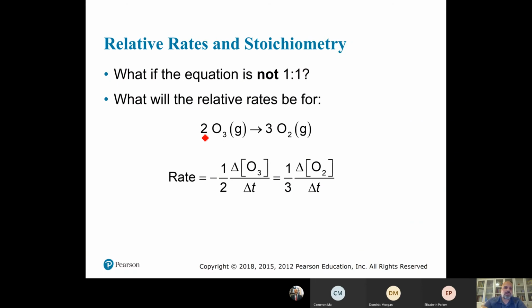And then if you have differing ratios, like you have here, then your rate is going to be 1 over whatever that number is. So this 2 comes down to here, and the 3 comes down to here.